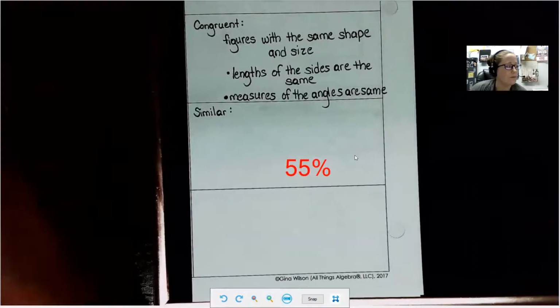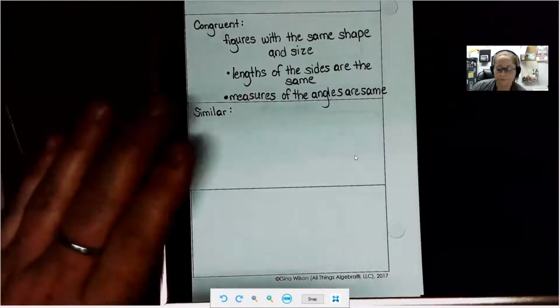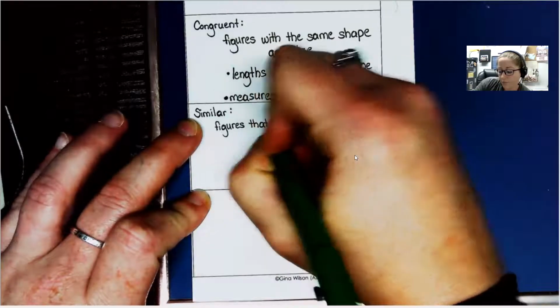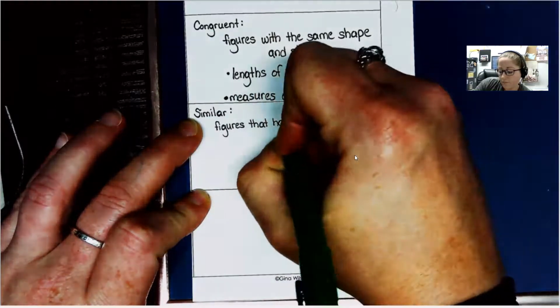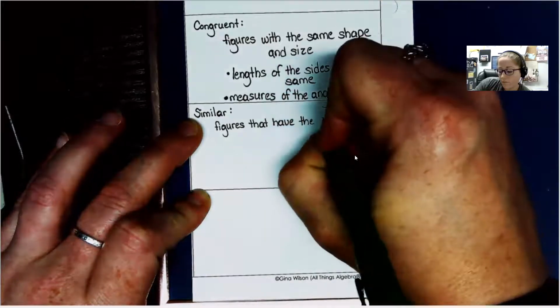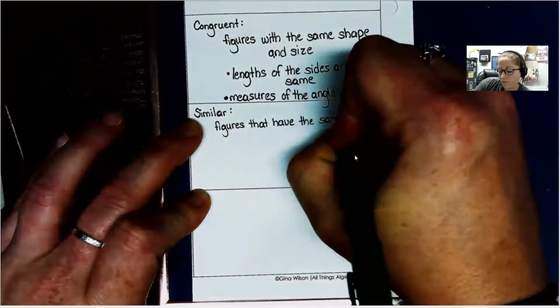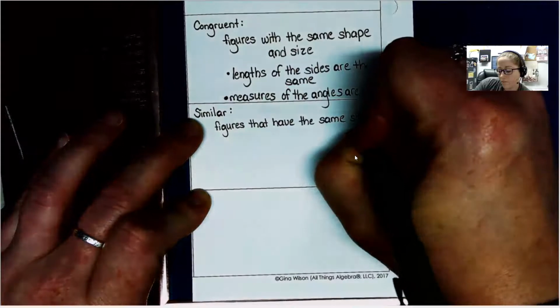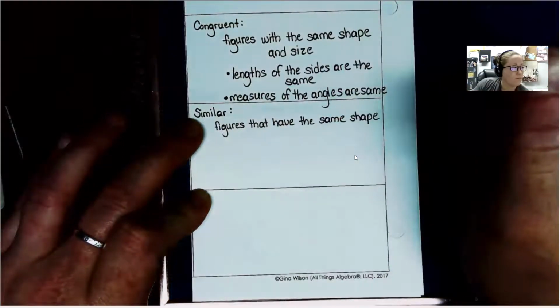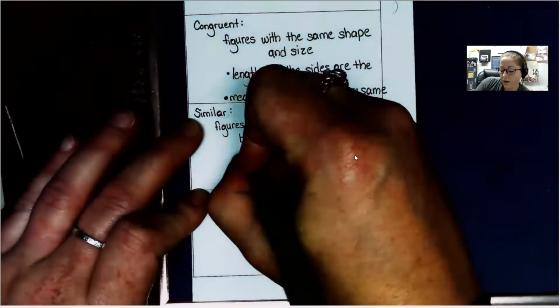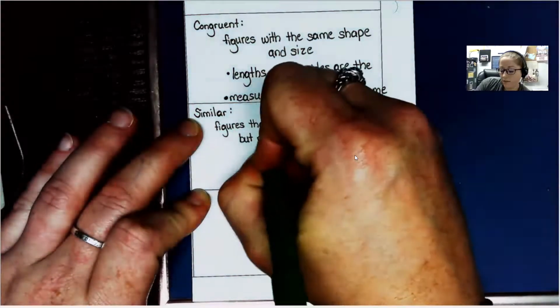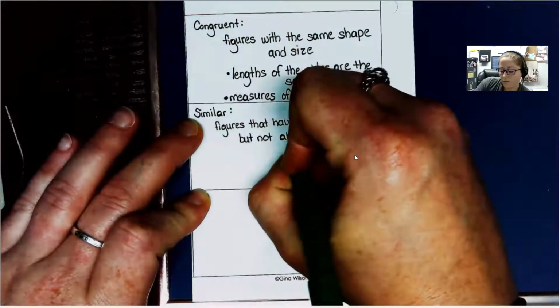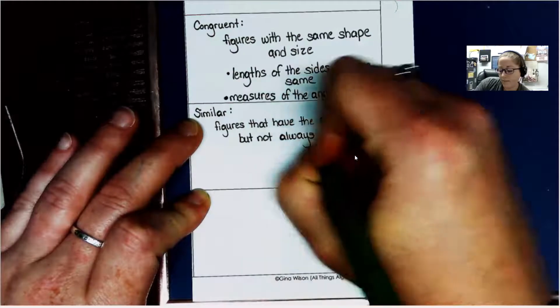When we talk about similar figures, we're talking about figures that have the same shape but not always the same size.